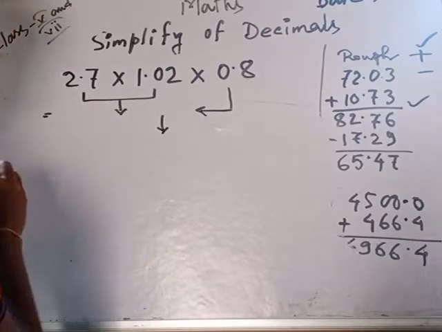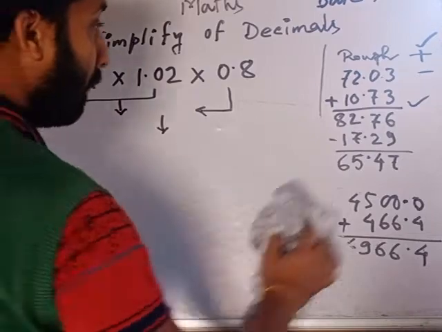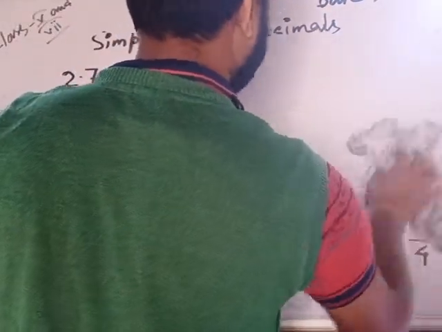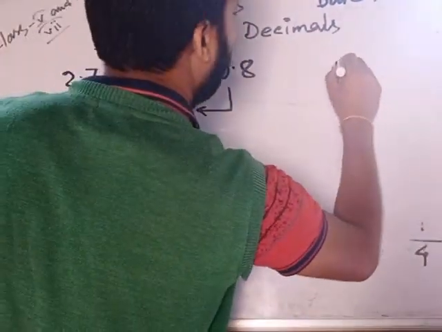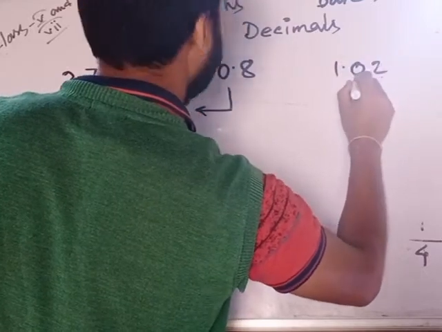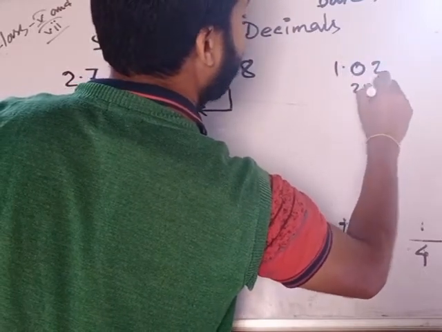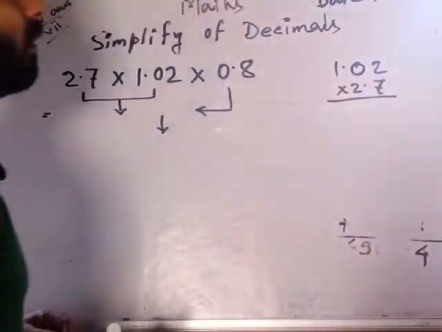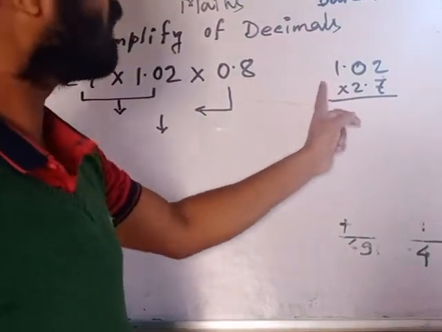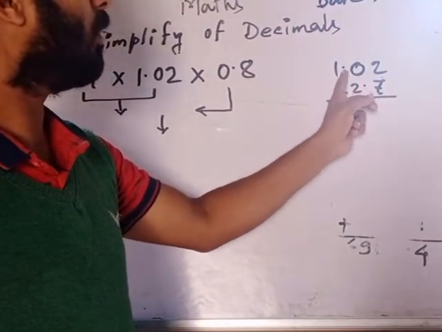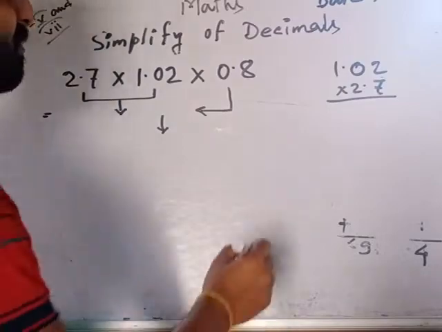Okay, suppose it is 1.02 and 2.7. At multiplication time, it is not necessary to write the point in the same column.